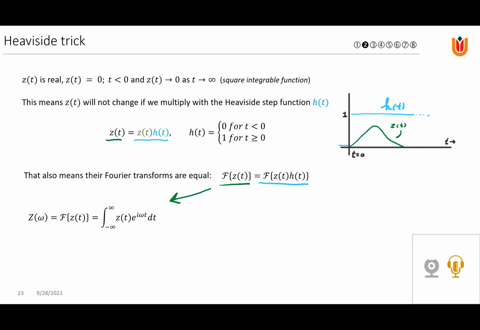So you have one function, you take a Fourier transform, you get an answer. You have another function, you take a Fourier transform, you get another answer. But what if you first multiply these two functions and then take the Fourier transform? Have you seen it or not? Okay.